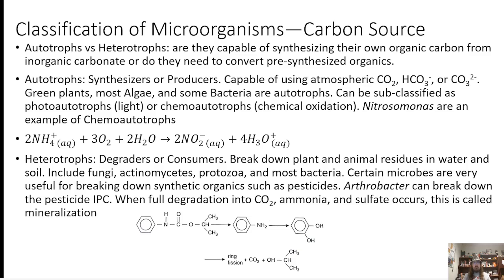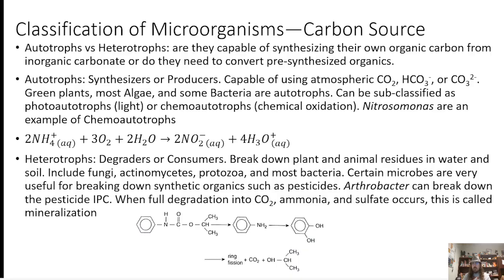These are most commonly algae, and bacteria are more often the autotrophic. Can be subclassified as photoautotrophs, where they need light, or chemoautotrophs, which do chemical oxidation to do this. Nitrosomonas are examples of chemoautotrophs in that they don't need light, they just need the oxygen to oxidize the ammonia to nitrates.